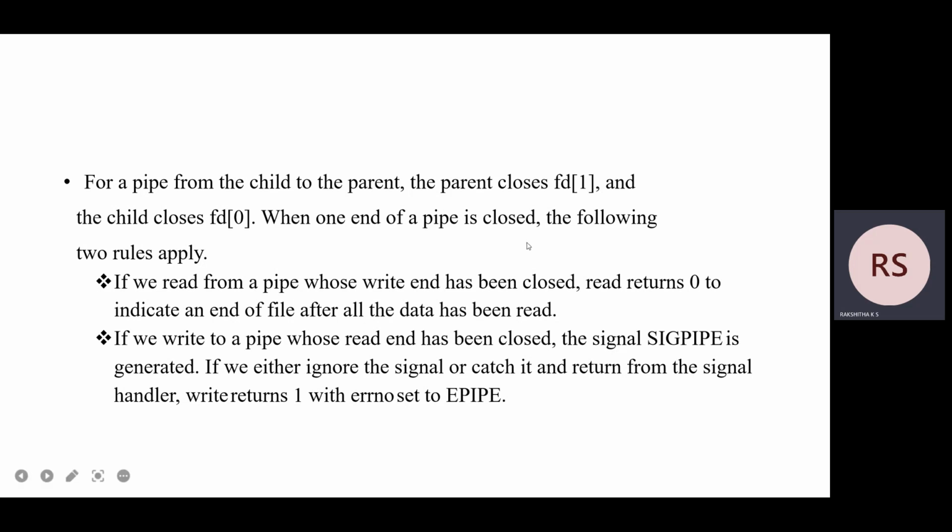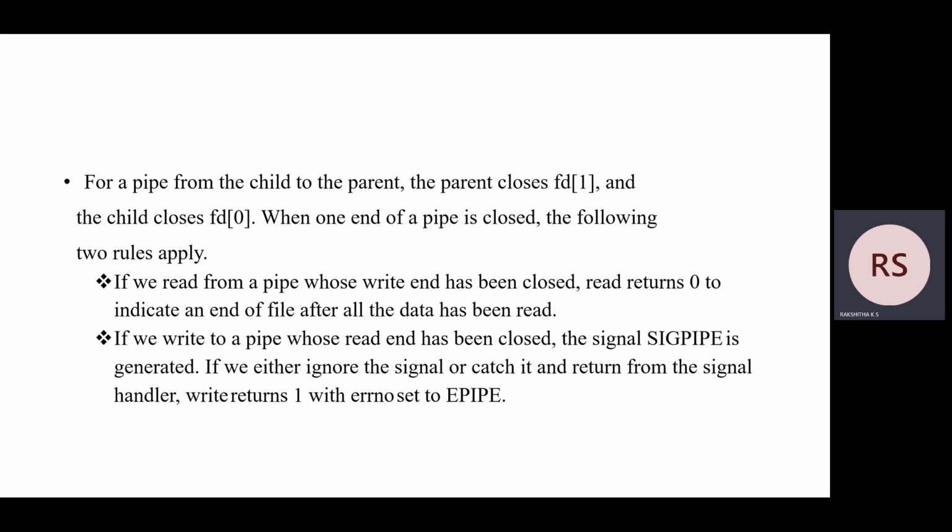When one end of the pipe is closed, two rules apply. First, if we read from a pipe whose write end has been closed, read returns 0 to indicate end of file after all the data has been read.